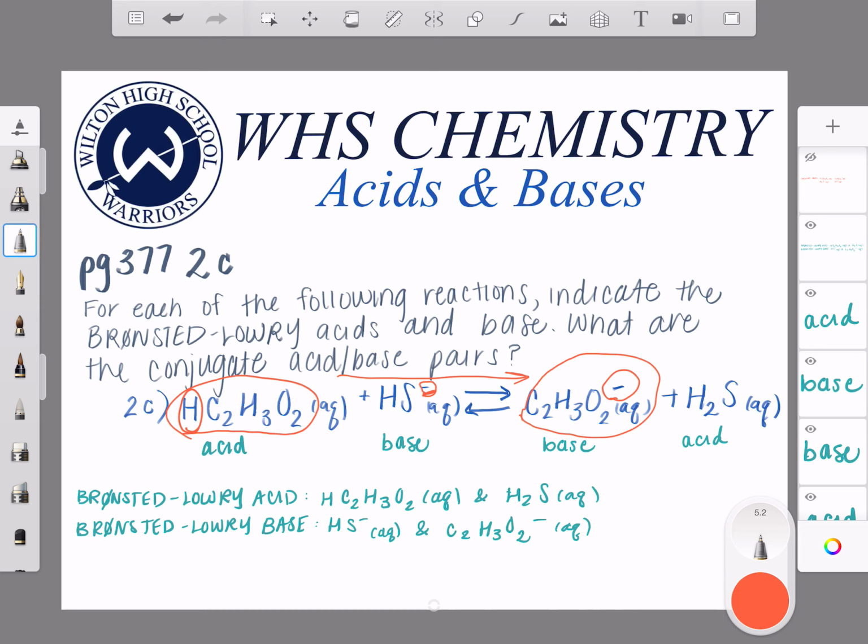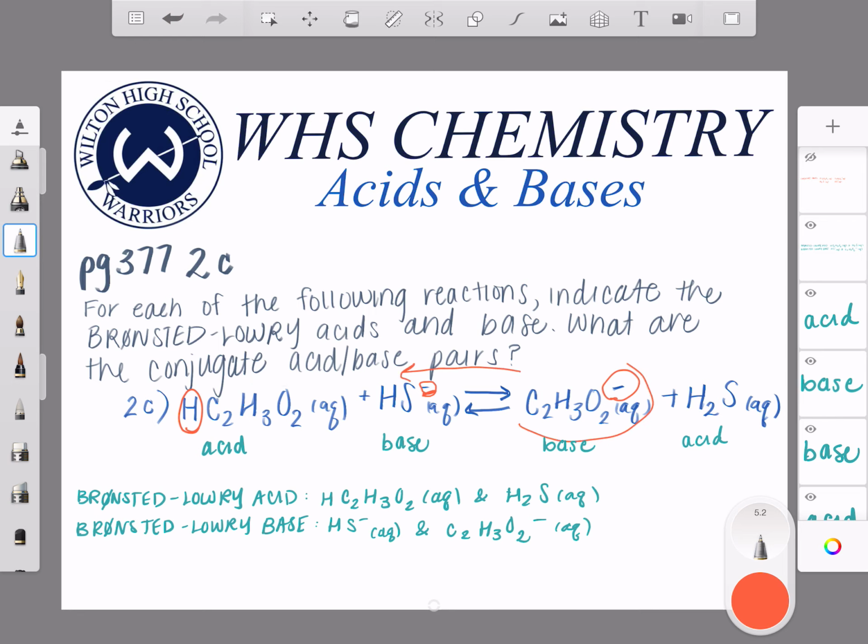So the first acid-base pair would be HC2H3O2, and that would be the acid, and its conjugate base would be the C2H3O2 minus, and it's a conjugate base because it's what's formed after the acid originally donates its proton. And then we can do the same thing, but going to the left this time.